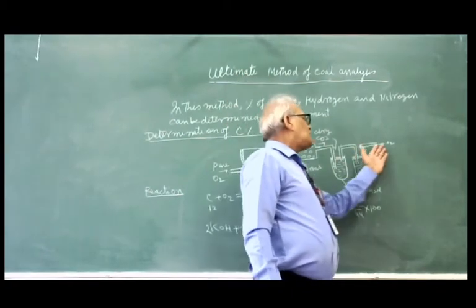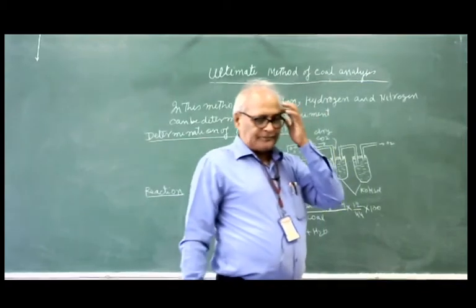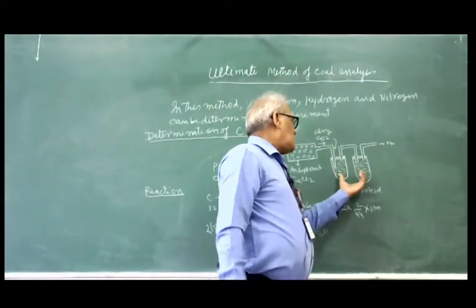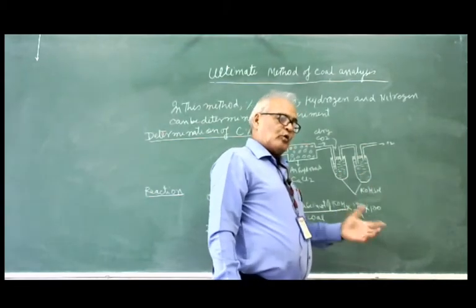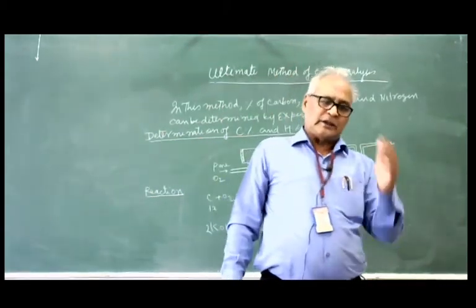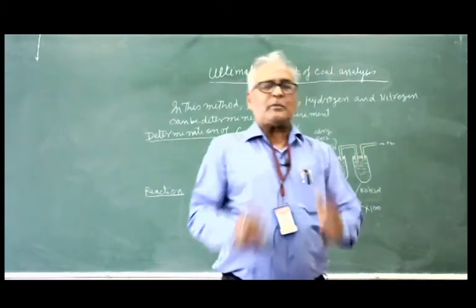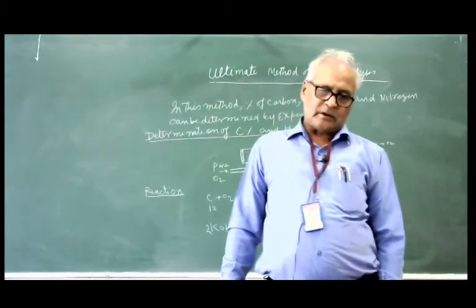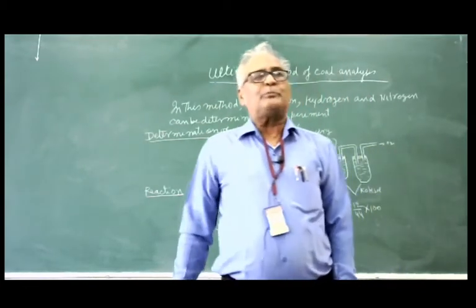Excess of the oxygen will pass out. Again, take the weight of the KOH, you will find that the weight of the KOH is increased. So this is all about the performance of the experiment, how to perform the experiment. This is a very simple method.